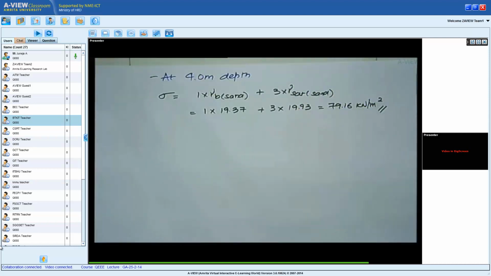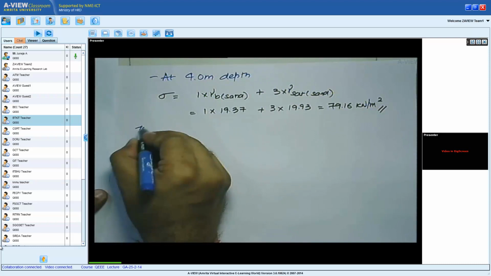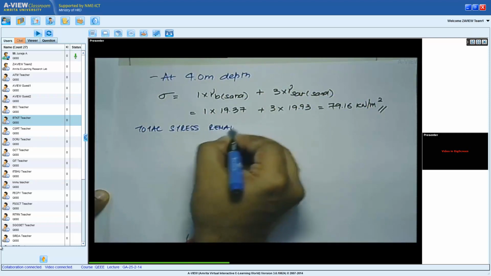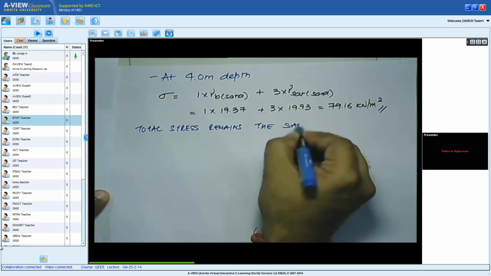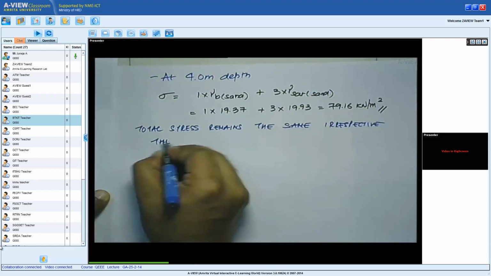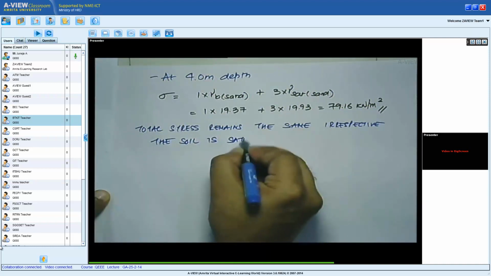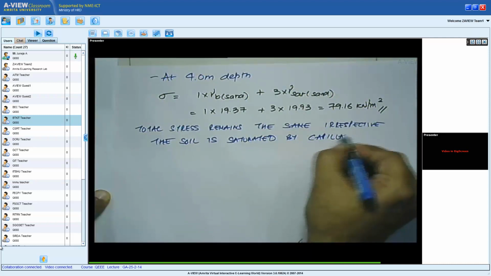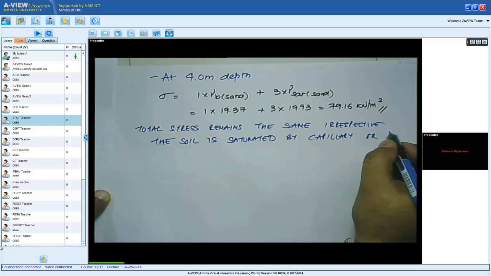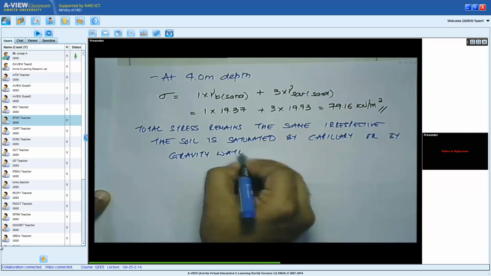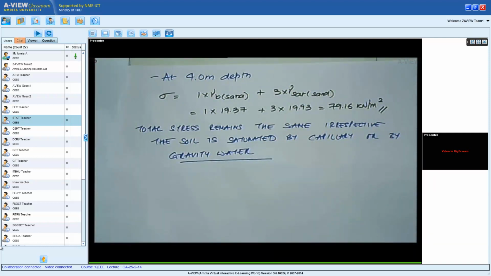So just to put it in English, total stress remains the same irrespective of whether the soil is saturated by capillary or by gravity water. Okay, this is quite an important statement.